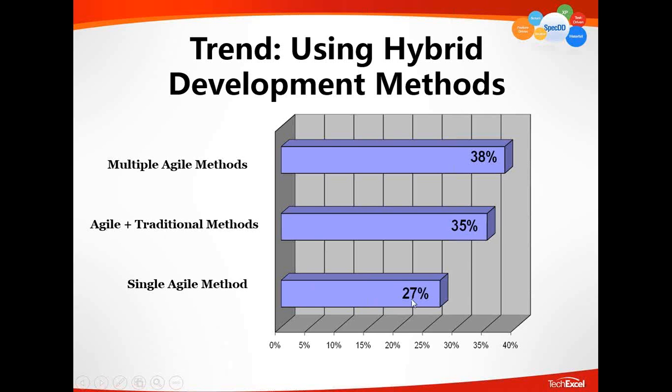Only 27% of such teams rely on a pure single Agile method. So what does it mean?